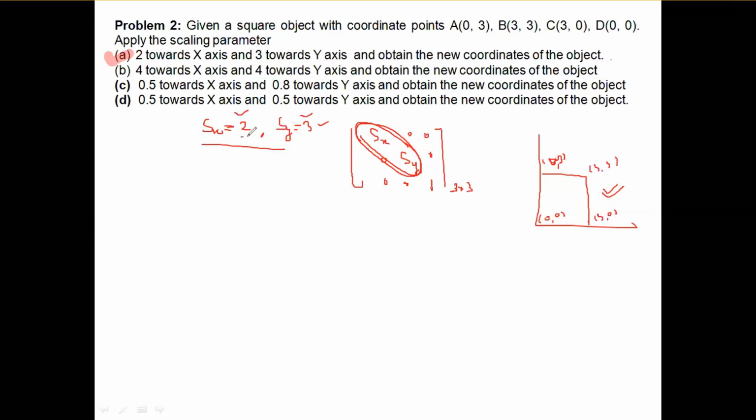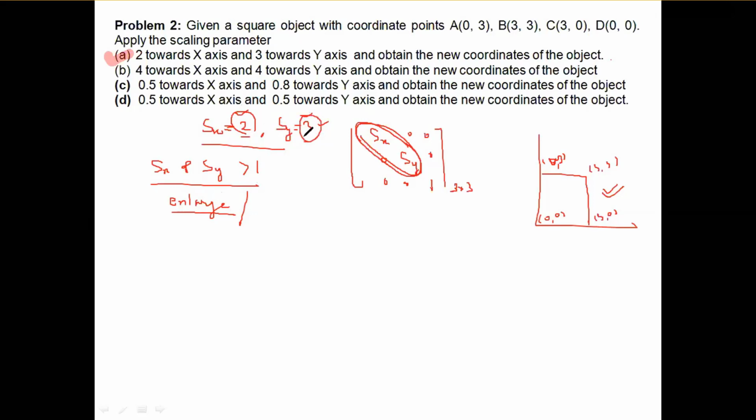When sx and sy are greater than 1, the object will enlarge, meaning its size will increase. The values are not the same: sx is scaled by 2 units, whereas sy is scaled by 3 units.